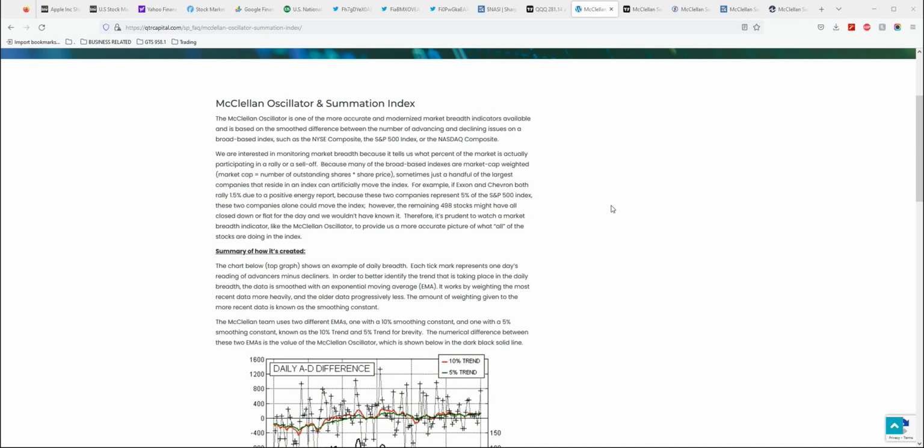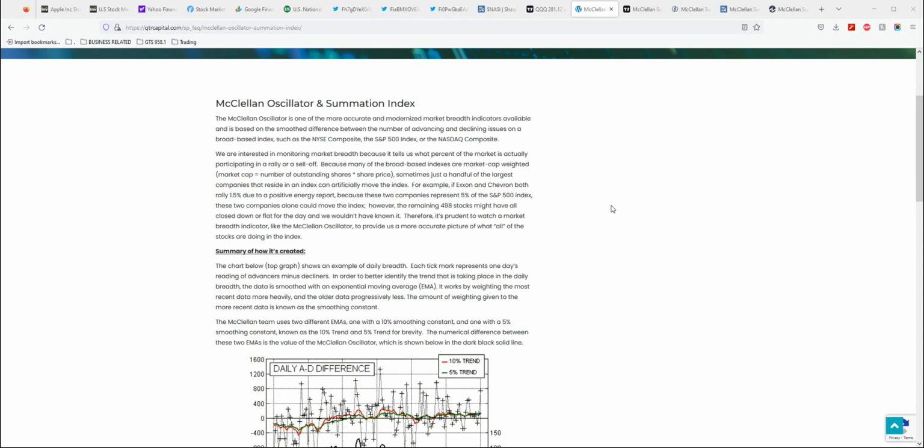How Apple moves, for example, or Microsoft or Amazon, can outweigh the decline in other stocks and can still give us a positive gain on the S&P, even though 93% of the market completely sold off.